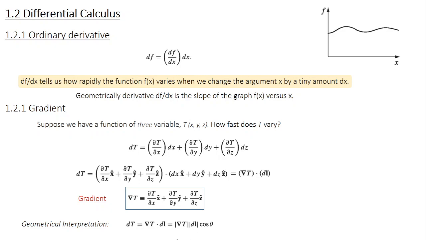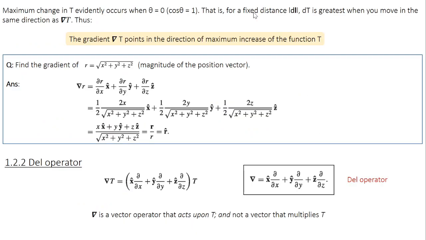So maximum value of cos theta is +1, which happens for theta equal to 0. So when theta equal to 0, the displacement is along the direction of grad t, which means for a fixed distance, magnitude of dl, dt is greatest when you move in the same direction as gradient of t. So gradient of t points in the direction of maximum increase of the function t. So gradient gives you the direction of maximum change in a given function.